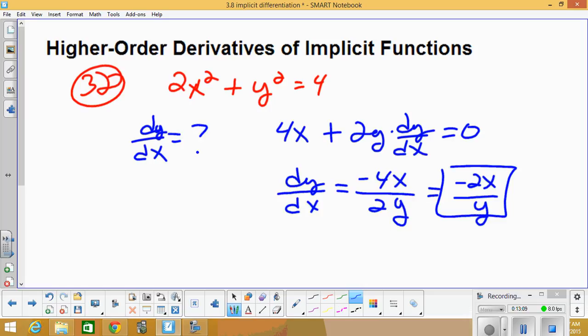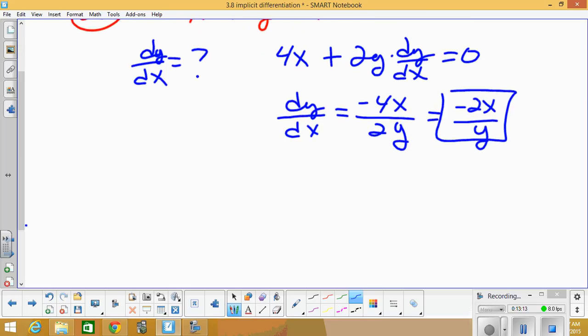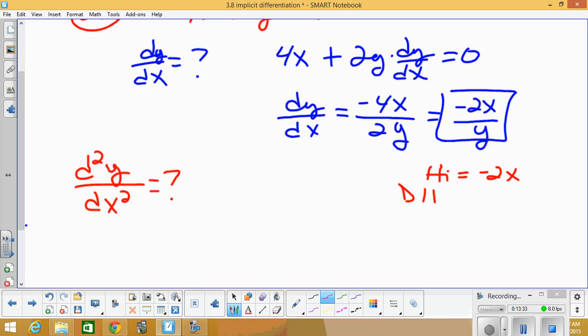So here's the step. I want to take the derivative of that answer and find the second derivative. But I see that I'm going to then have a quotient rule going. So I'm going to still do my high, d high, low, d low. So I've got my high function, the derivative of the high function, my low function, and the derivative of my low function.